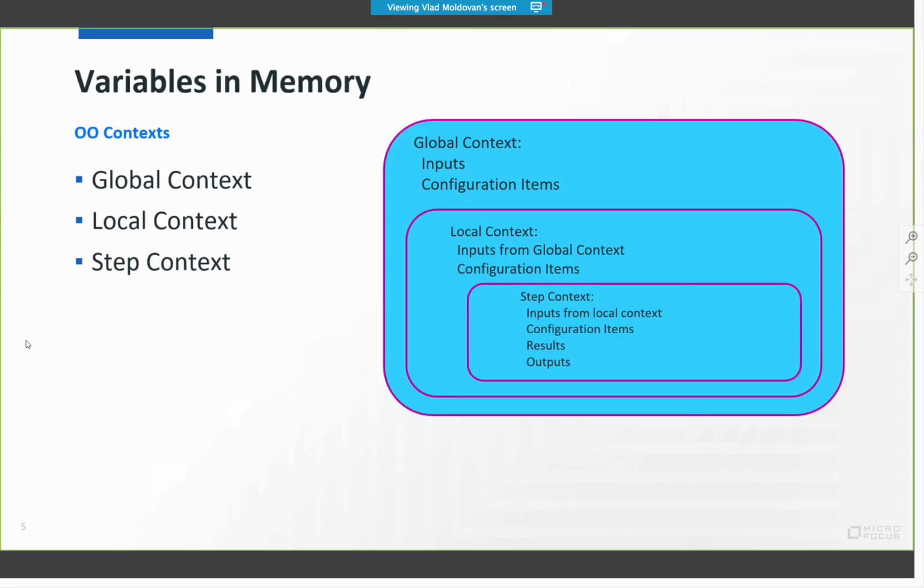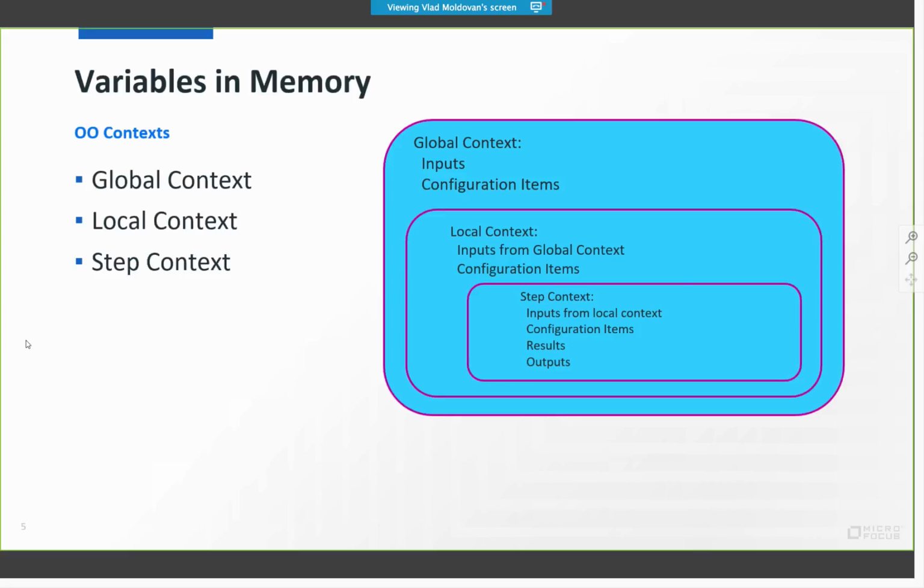The reason I'm saying the local context and its parent context is because the local context can be the child of another local context. So if you have a subflow within a subflow, the parent of the bottommost local context is going to be another local context.